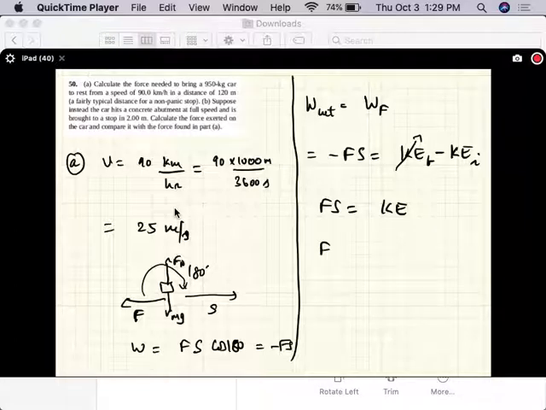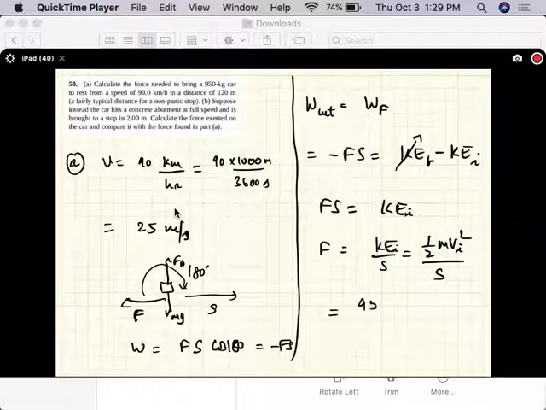Okay, so that was the magnitude of the force, and now we can put in the numbers. 950 kgs.